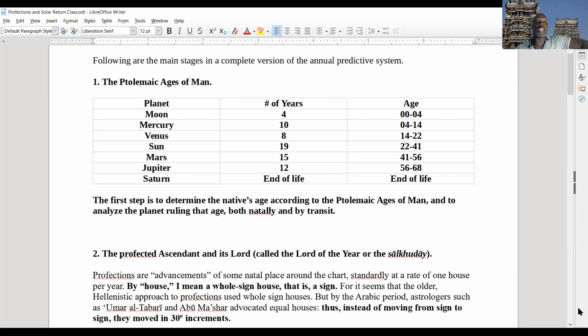So the first thing that we take into account is something called the Ptolemaic ages of man. And so Ptolemy, there's all of this, I don't want to say controversy, but this quandary around the position of Ptolemy as far as astrology is concerned.